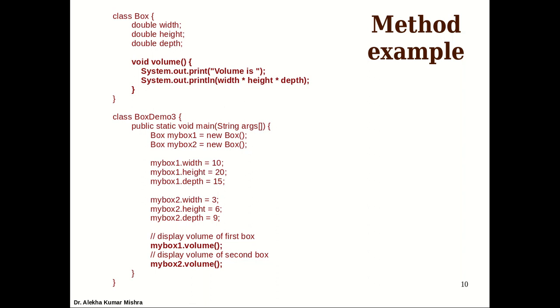Now for the C++ users, you can easily notice one thing: I'm directly accessing all the data fields within the main function, which is outside the scope of the Box class, and without any hesitation I am able to do that. It clearly shows that if we declare a variable, it is by default public.